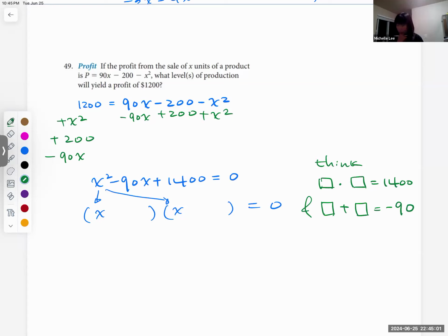The multiplication is positive but the middle term is negative, so the two numbers must be negative. Think about 14 and then 90. So it's negative 20, negative 70, right?